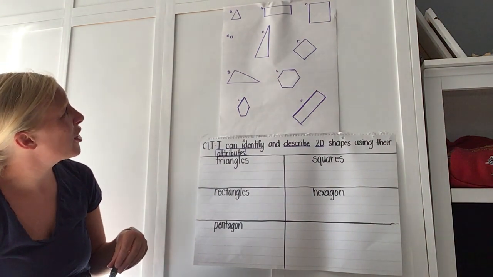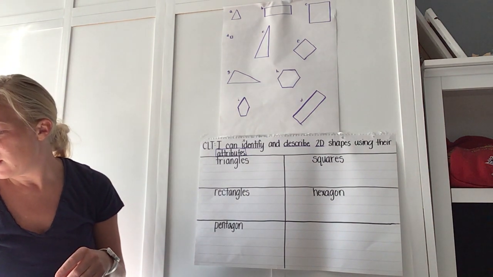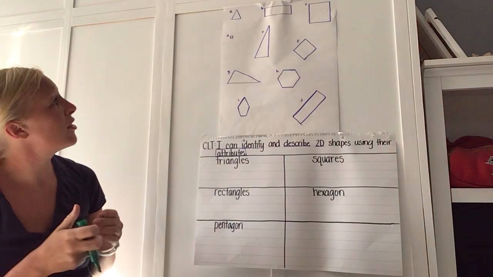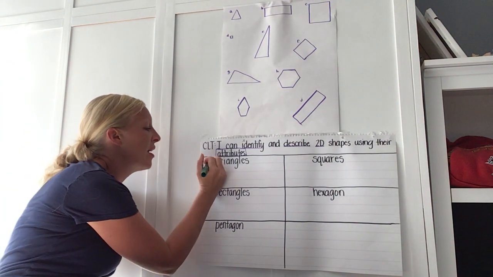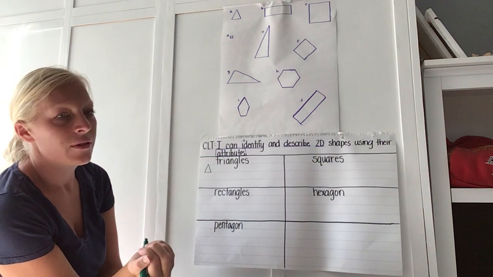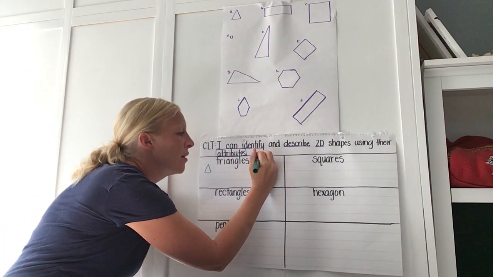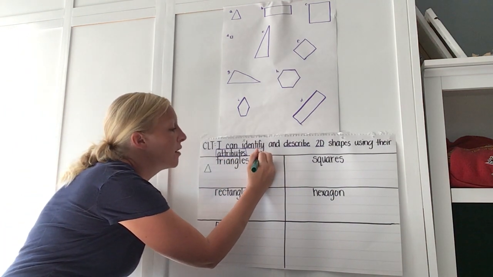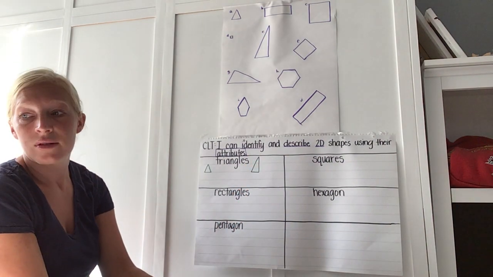Now, which letters are our triangles? What letters have a triangle next to them? A, E, what others?